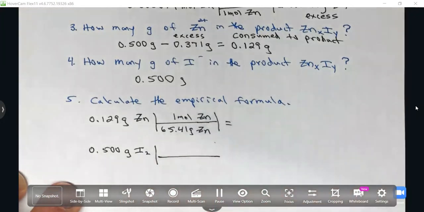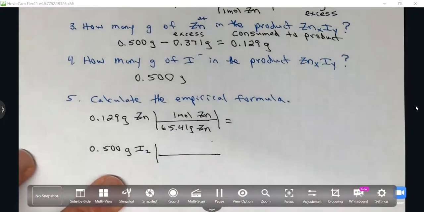And the next one is, we've already got this one, but I'll repeat it.